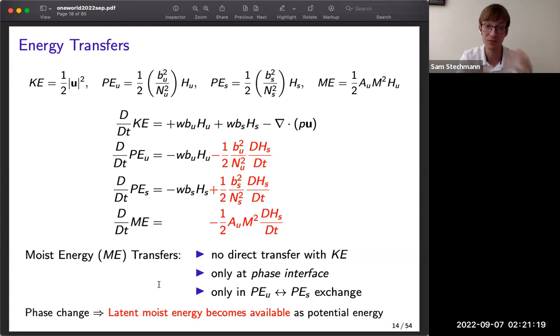So this has a nice physical interpretation: when there's a phase change, the latent moist energy becomes available. It's kind of interesting that this is different from the traditional viewpoint. You can write an energy down with the latent heating, like LV, QV. So this is a little bit of a different perspective, and we're still working to make that comparison really precise, so you can compare what this type of energy means versus that traditional one.